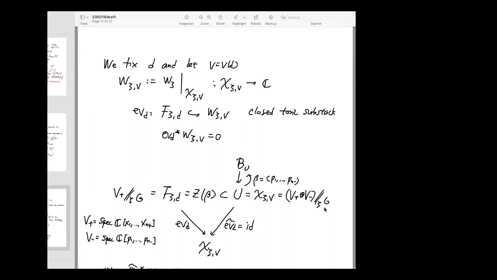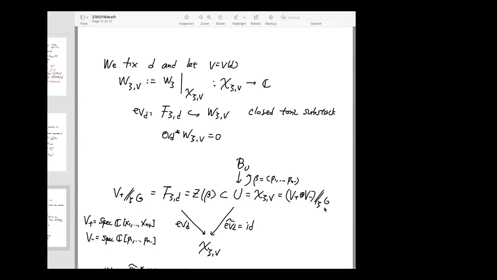The pullback of the superpotential under the evaluation map will be 0. Now, this substack, before the quotient, is just a subvector space.